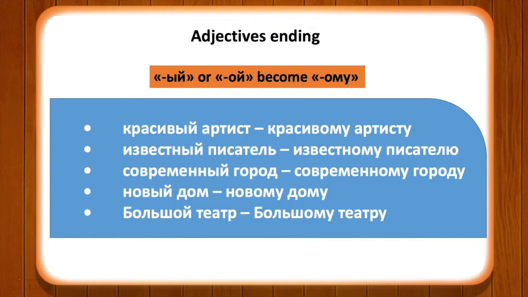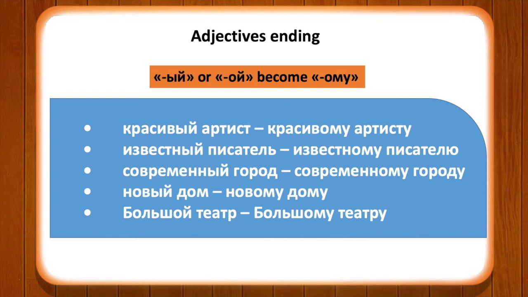To understand the adjectives ending in ый or ой, let's pay attention to some expressions, how the endings are changing into ому. So, the set of adjectives and nouns are красивый артист, известный писатель, современный город, новый дом and большой театр. All of them have adjective and noun agreeing.